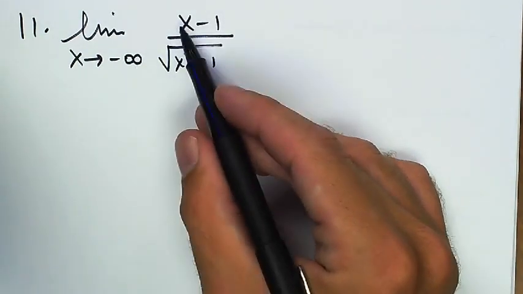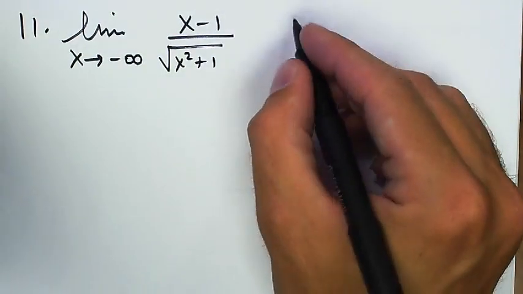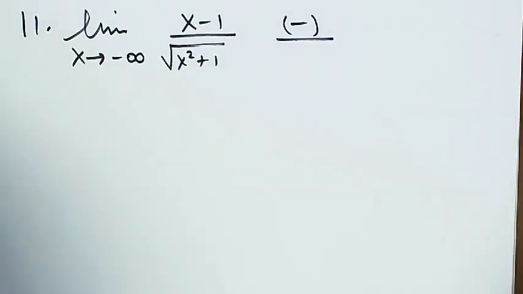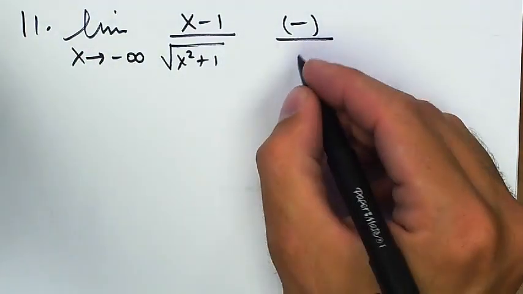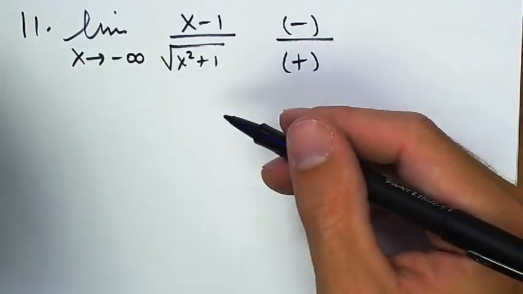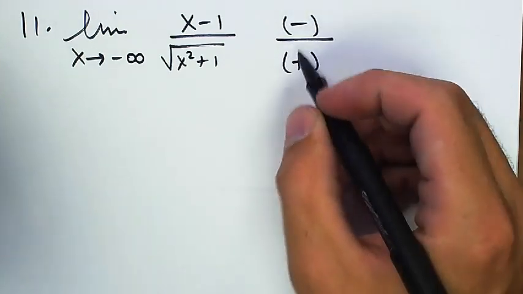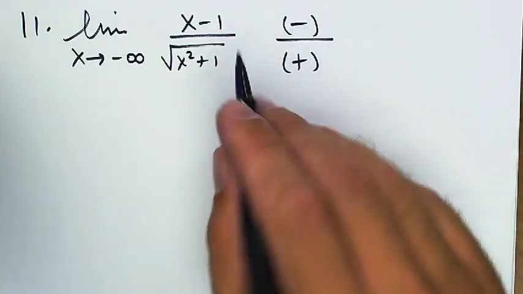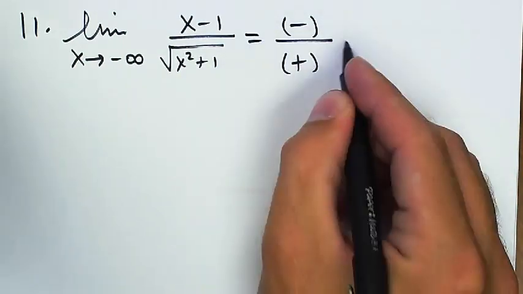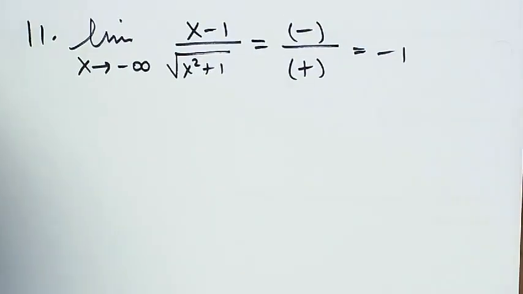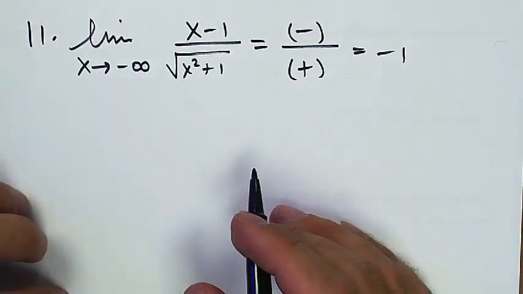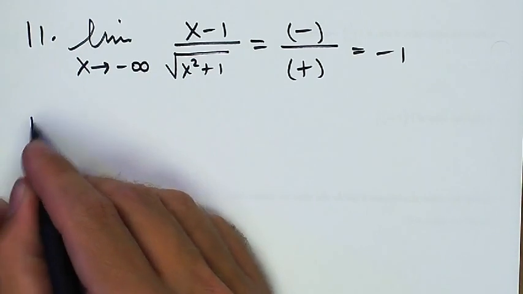As x approaches -infinity, x minus 1 is going to be negative, specifically. And then down here, I've got the square root of x squared plus 1. No matter what x is, that's always going to be positive, right? Because x squared plus 1 is always a positive number. You can go and take the square root, it's going to be positive. So I know my answer is going to be negative, right? So I divide the leading coefficients, and 1 over 1 is -1, right? And then, oh, I like this one.